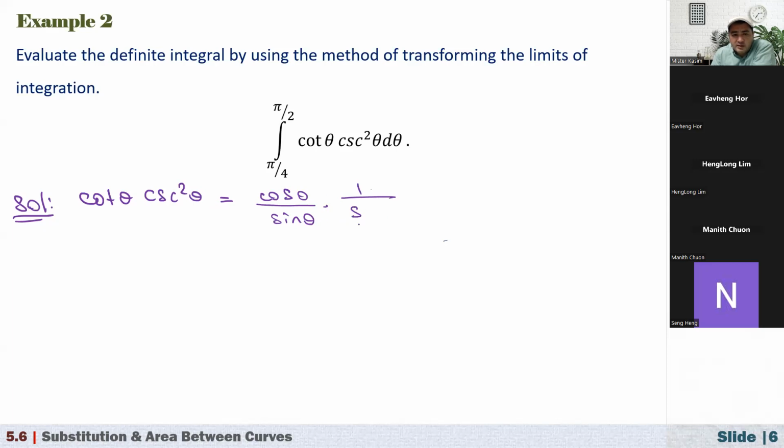Cotangent, cosine over sine, times 1 over sine squared. So that's equal to cosine of theta over sine cubed of theta.